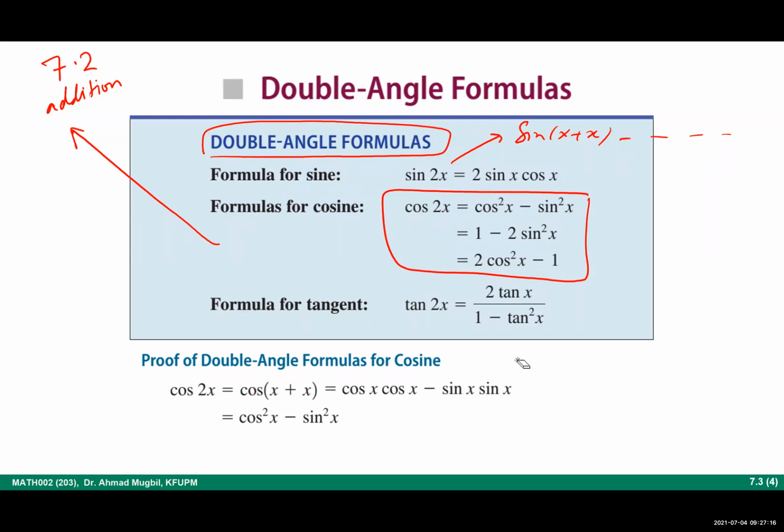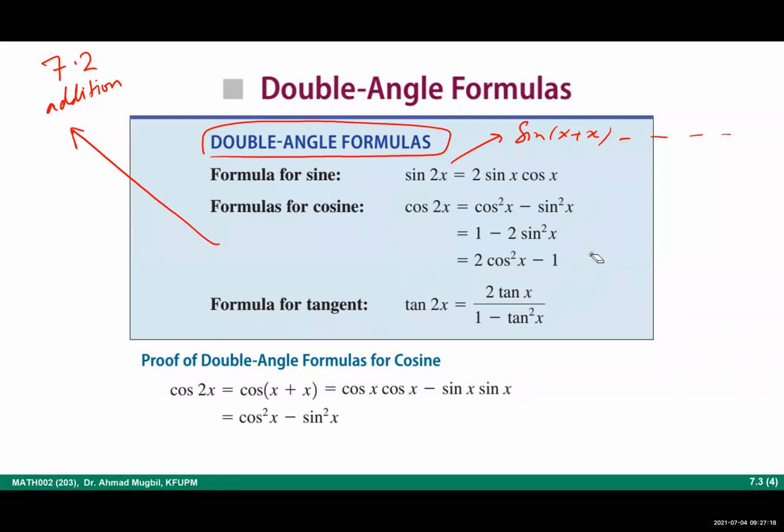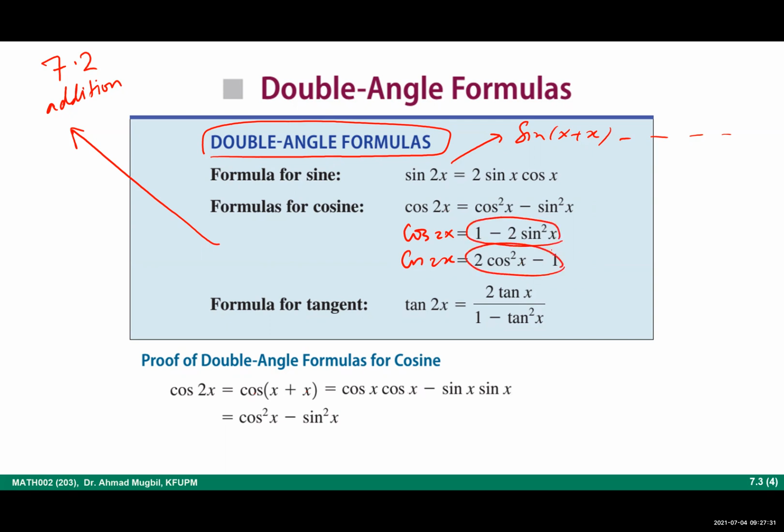Now in many situations, ya shabab, we need this. Here it is the same, cosine 2x. So cosine 2x is also 1 minus 2 sine squared x, and it is also 2 cosine squared x minus 1. How do we obtain this? From where? In many situations, you need to write it in terms of sine only or in terms of cosine only. How to do that?